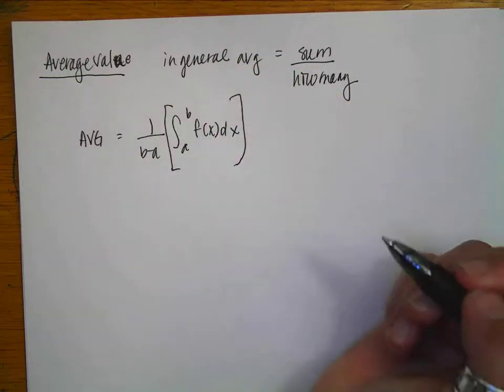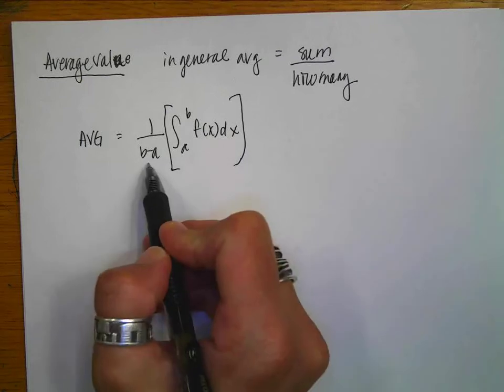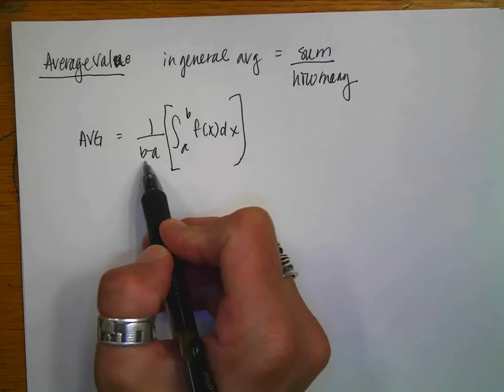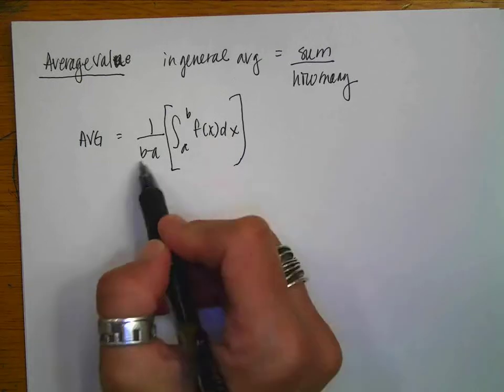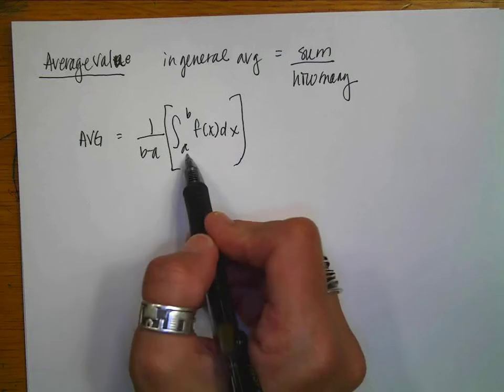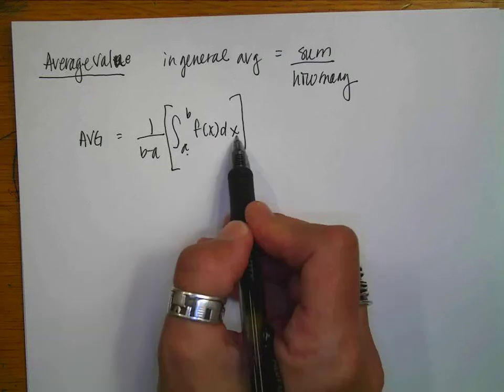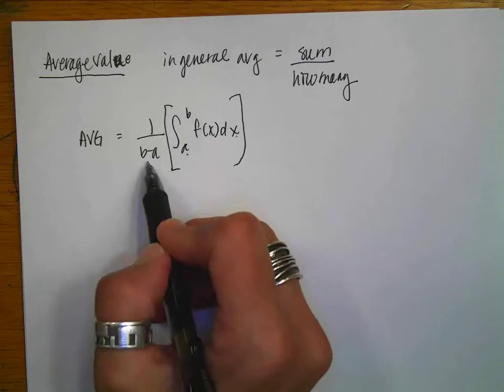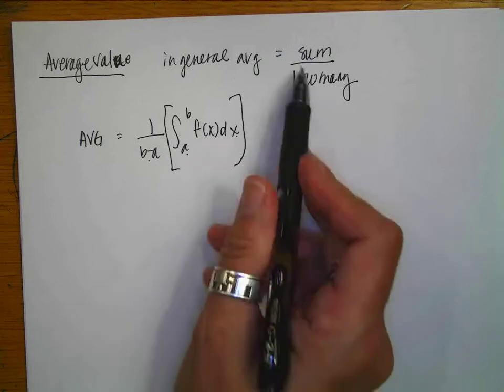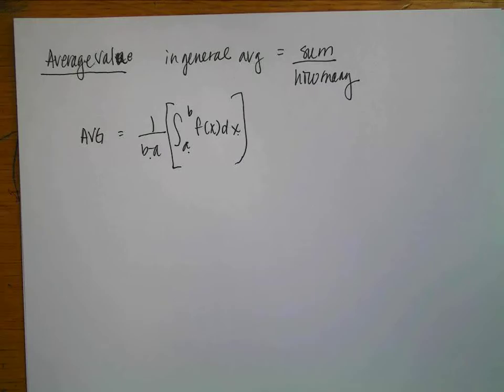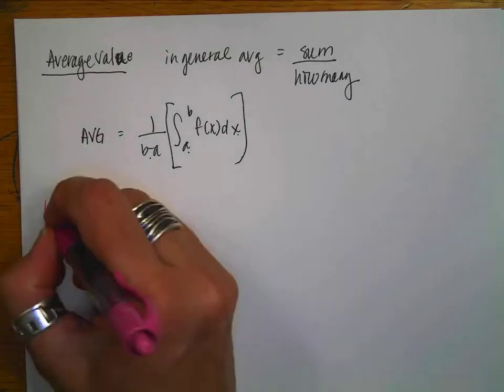This portion is the sum of all of the pieces. This is how many. So the average value of a function over a specific interval is just the integration of the function divided by the interval. So it's the sum divided by how many.